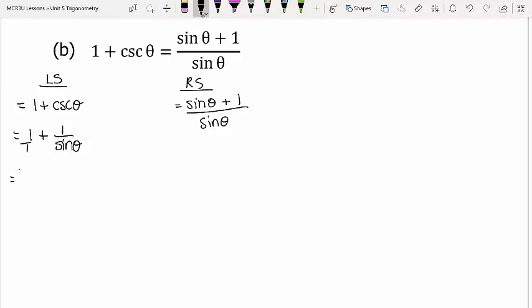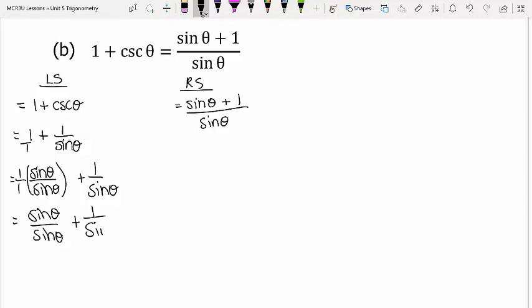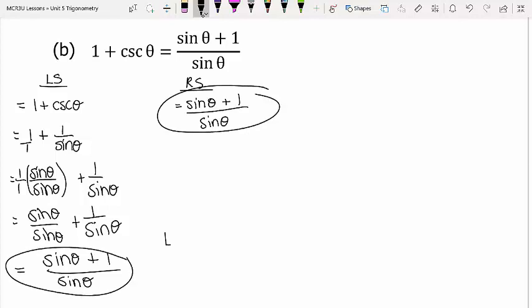So I'm going to multiply this by sine theta over sine theta to get a common denominator. Now I'm left with sine theta over sine theta plus 1 over sine theta. Okay, they now have common denominators. So when we add those two together, we have sine theta plus 1 all over sine theta. And now our left side is equal to our right side.